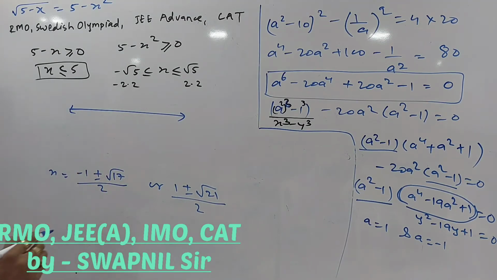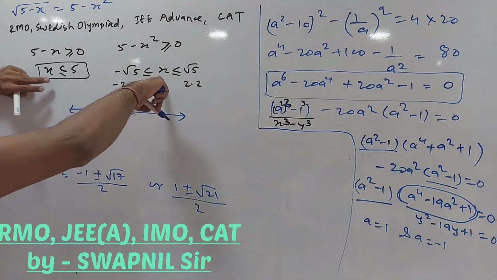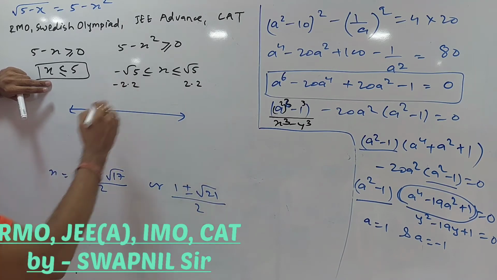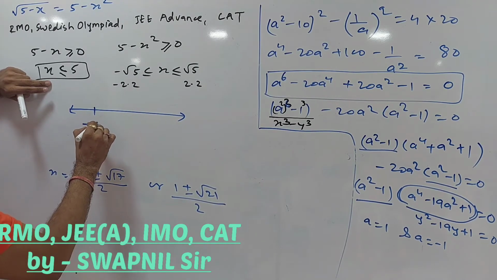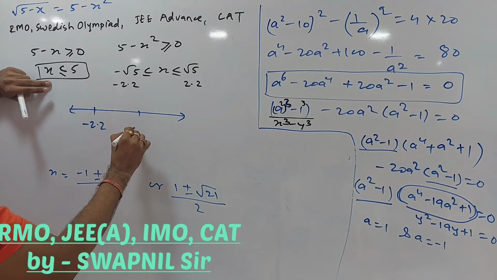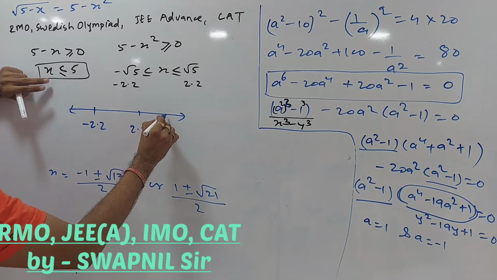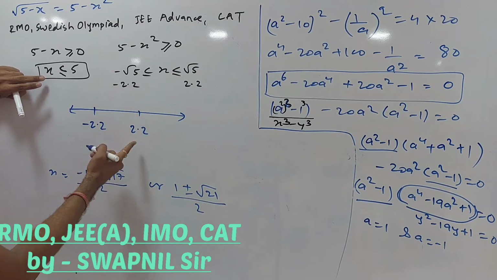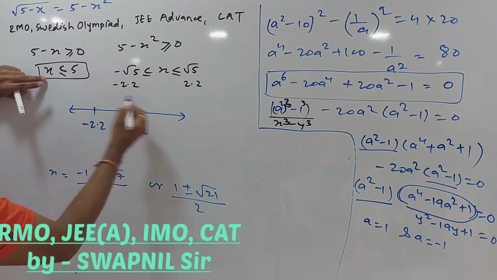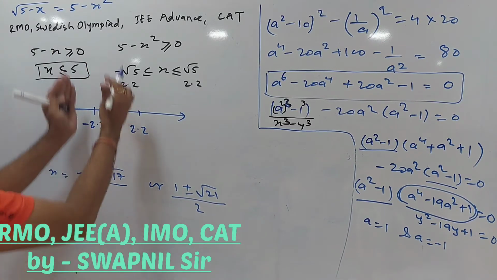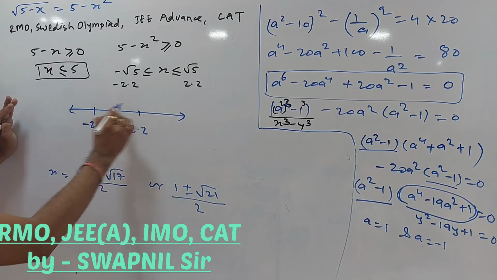My value of x should satisfy both conditions, so it lies between minus 2.2 and 2.2, and this is less than 5, so less than 5 is obviously covered here, and we are only restricted between these, so my value of x should be this.